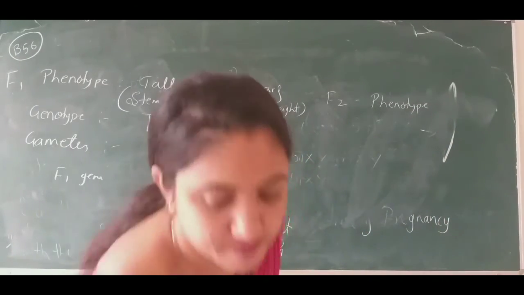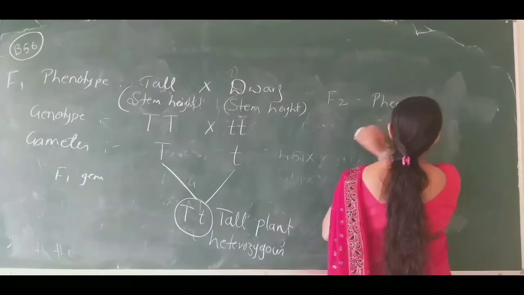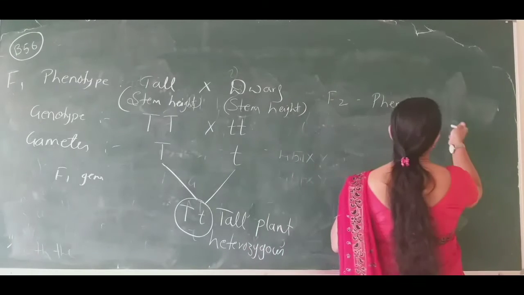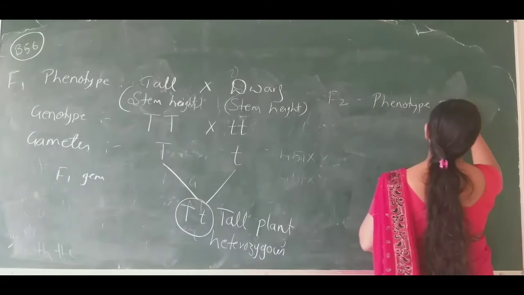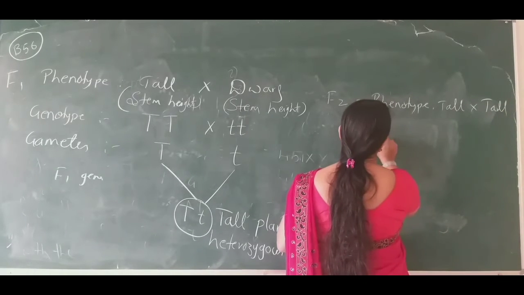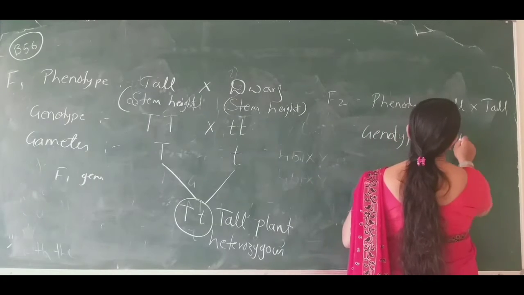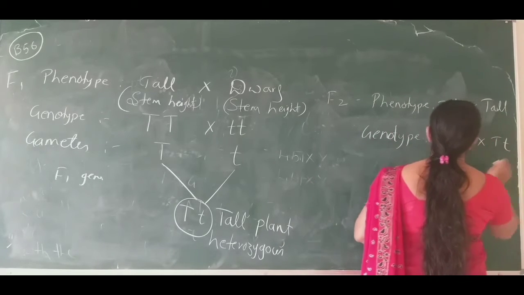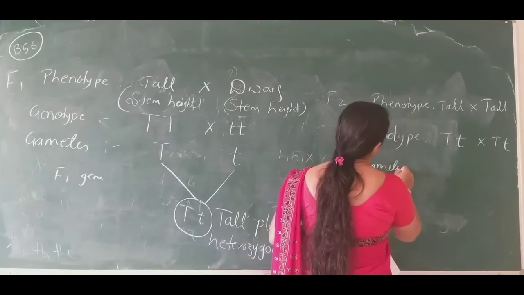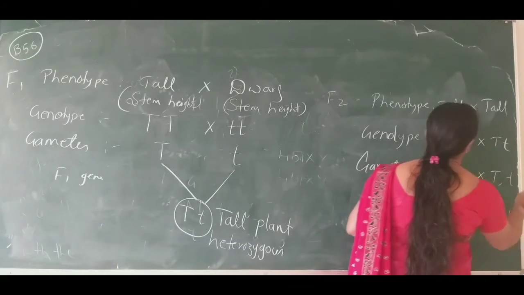The phenotype is tall plant and tall plant, genotype capital T small t, and the gametes capital T, small t.